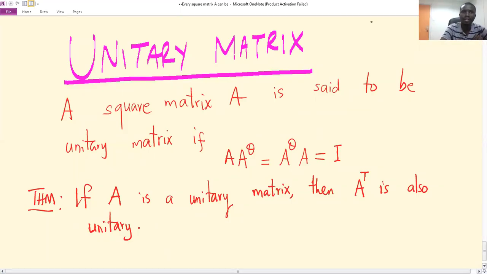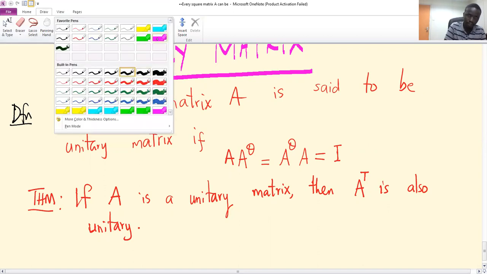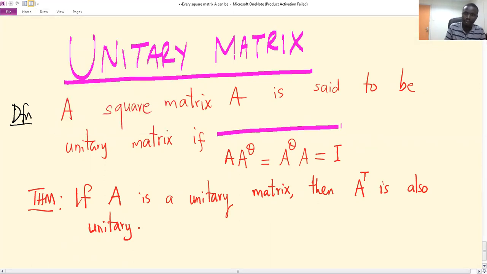Welcome to this session. In this session, we are going to study unitary matrices. And this is a definition. A square matrix A is said to be unitary if this condition is satisfied: if you take A times A power theta, which is the same as A power theta times A, you get an identity matrix.